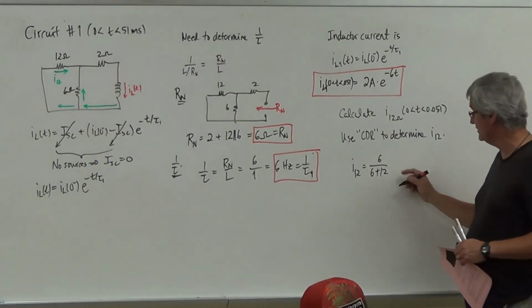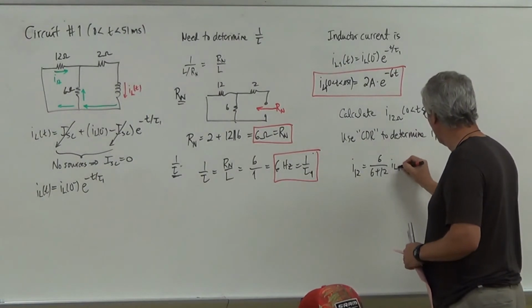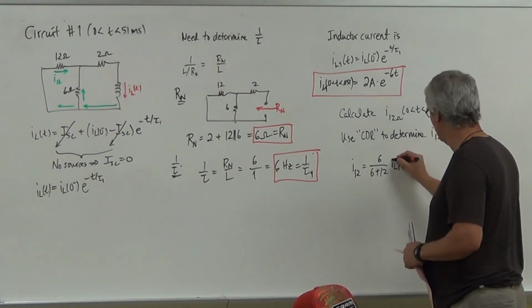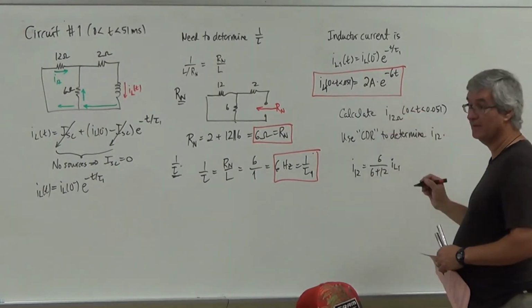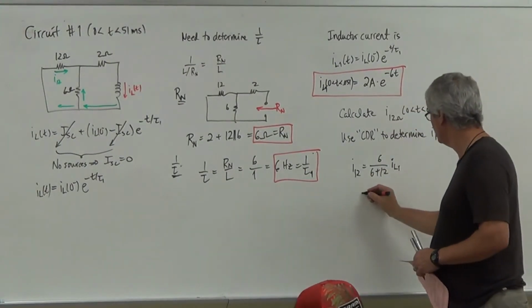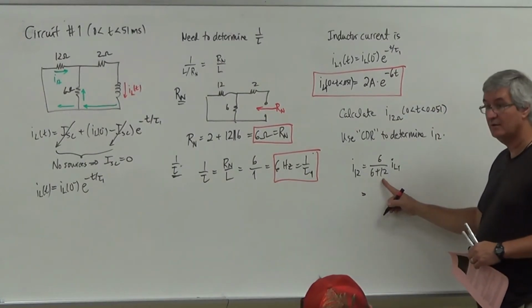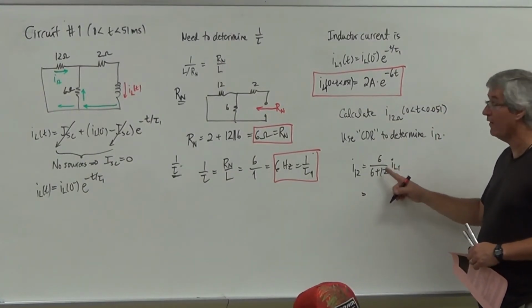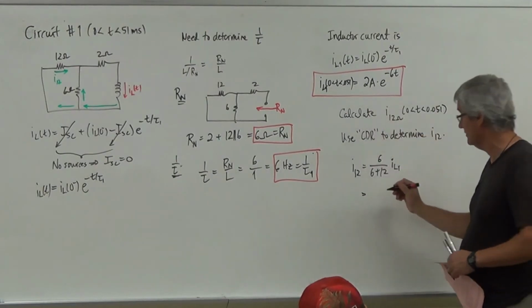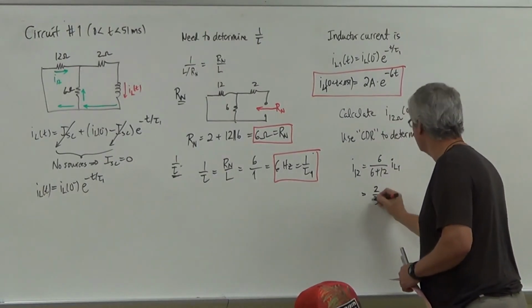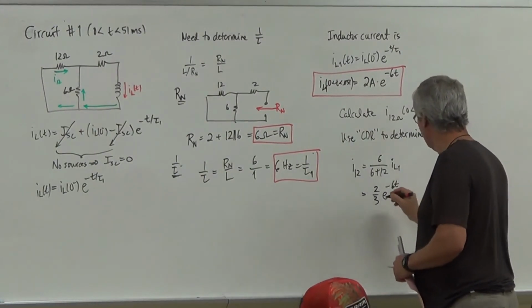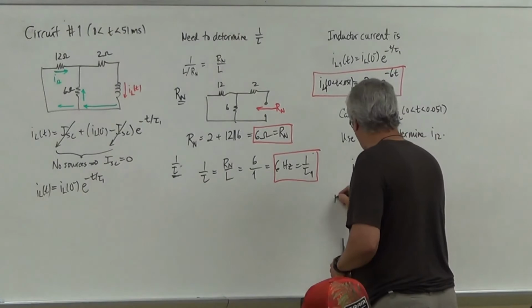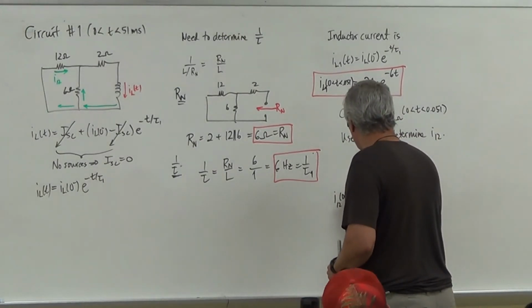And the current source in this case would be IL1 at this time that we have right here. So I'm going to get 18 and 6, so I'm going to get 1/3. So then I should get 2/3 of e to the minus 6t amps for I12 between these values.